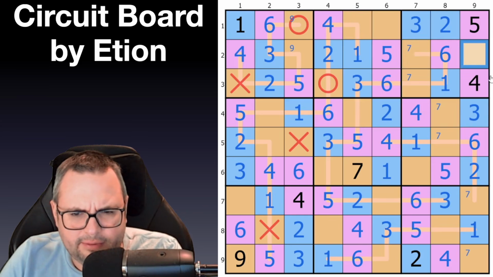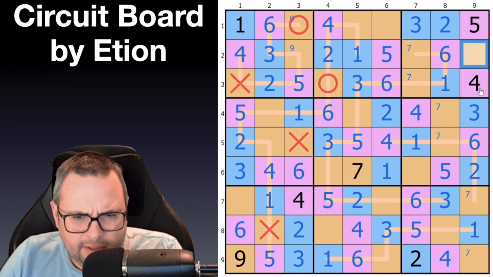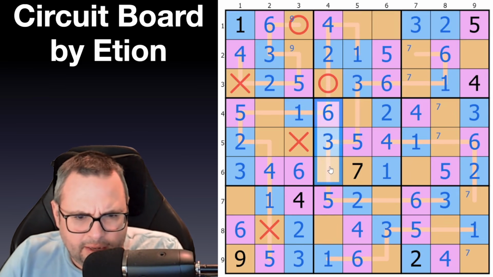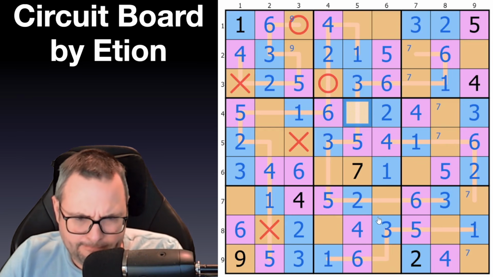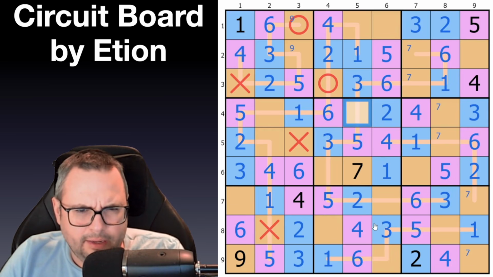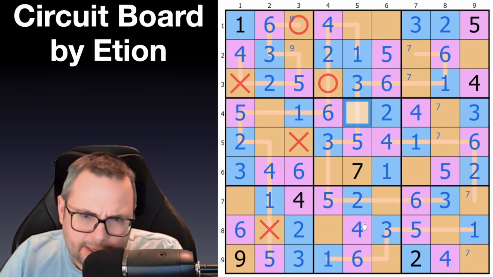One of these is X. Can I possibly do better? Let's see. O is 7 or this one. Doesn't seem immediately helpful.